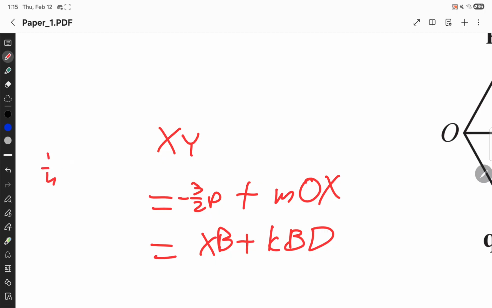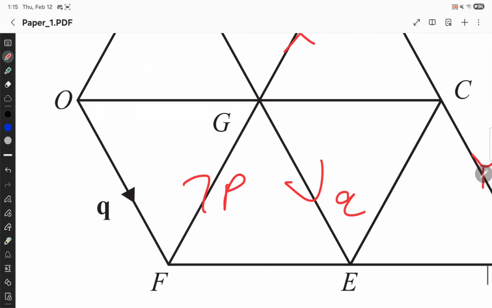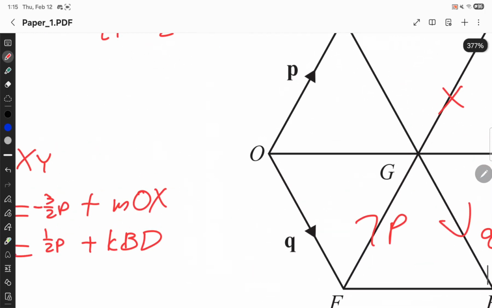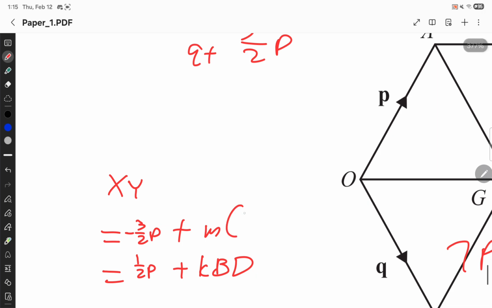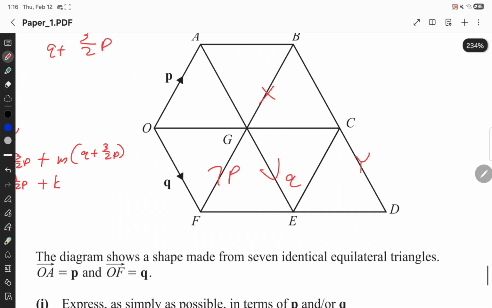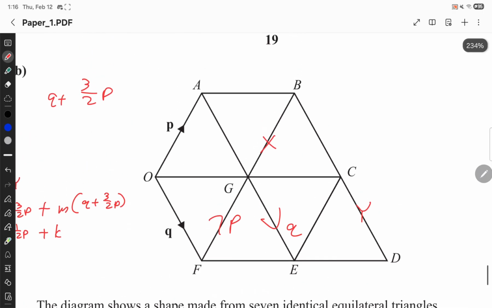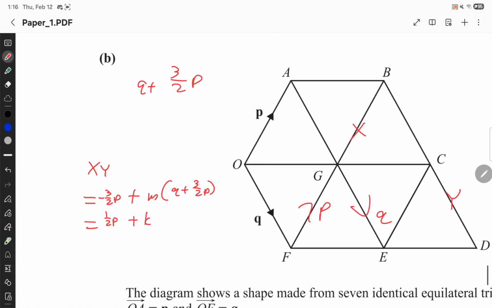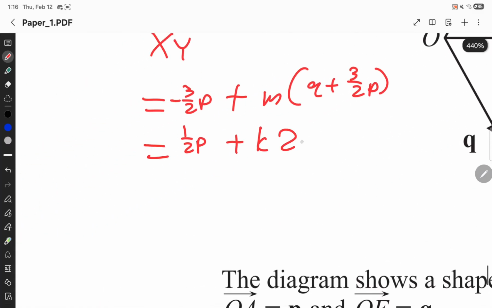This is a quarter to p, so this is a half p. So OX, now OX is what we found: q plus 3 over 2p. BD, let's find BD first. This is q, so this is obviously 2q. I just want to solve this question quickly.